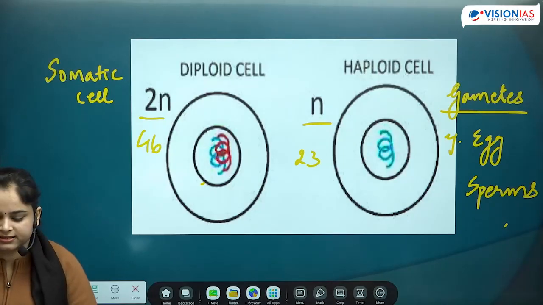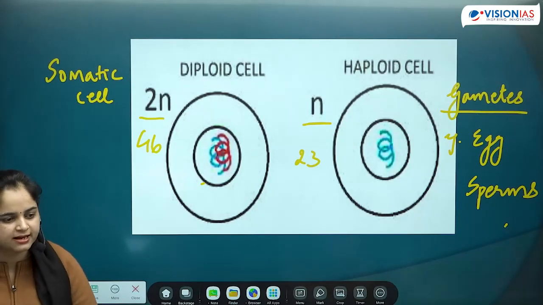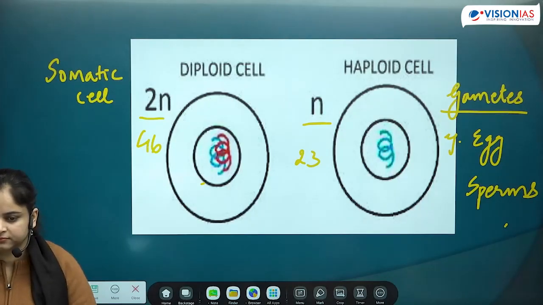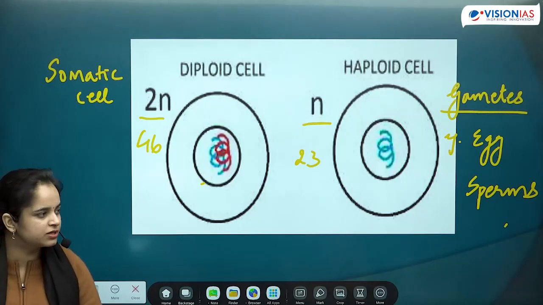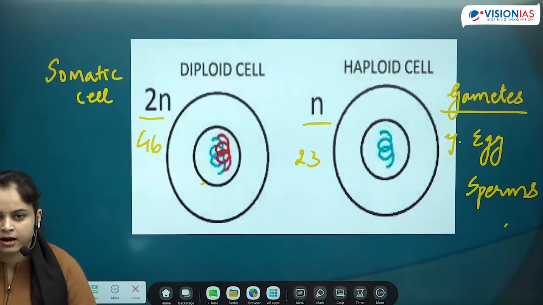Then diploid cell: it contains two sets of chromosomes, one coming from each parent.